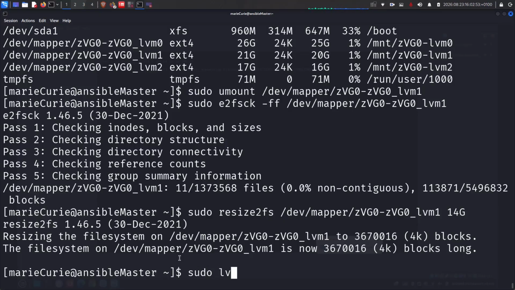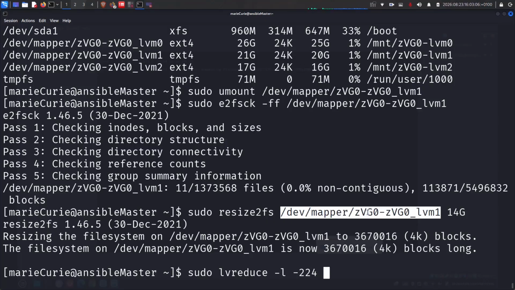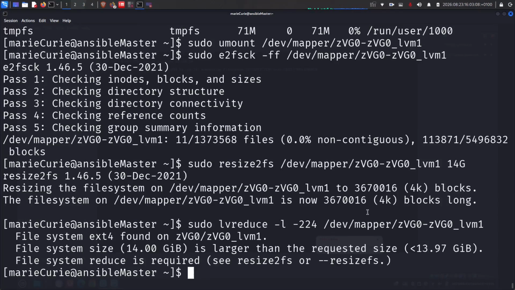Sudo lvreduce -L -224. Okay, from the LV. It's showing this one. Once again I forgot to use the hyphen r flag.